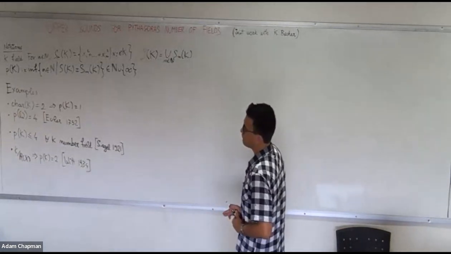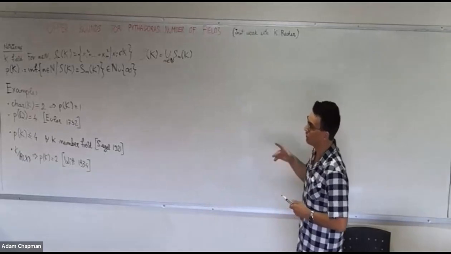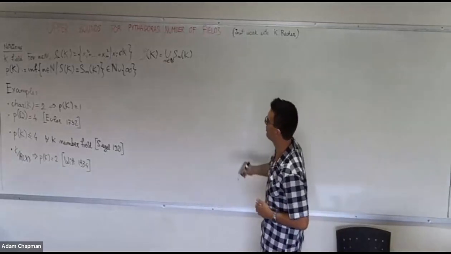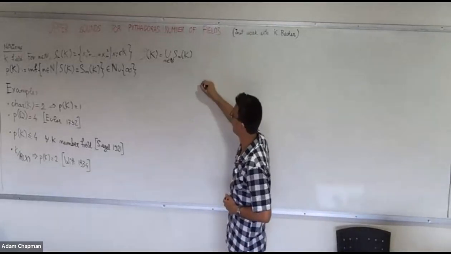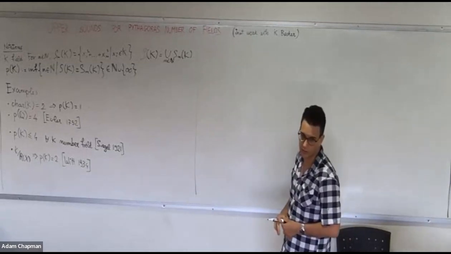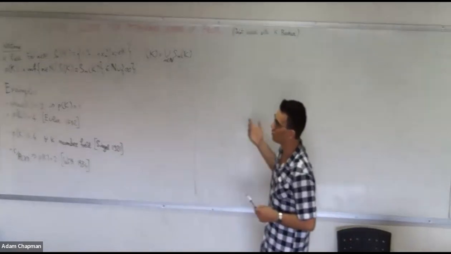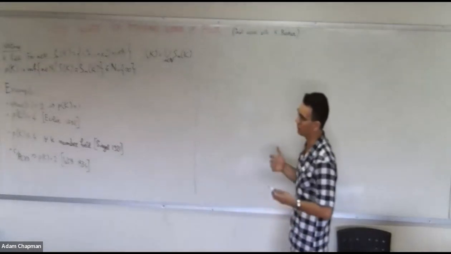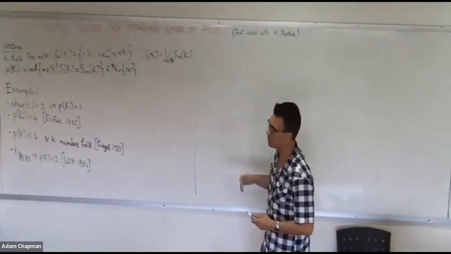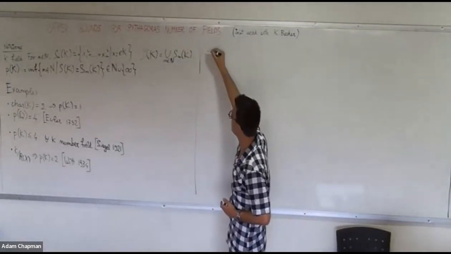But in general, even though the definition of the Pythagoras number is very elementary, it's a complicated invariant to compute. Usually, people study either lower or upper bounds in separate ways.